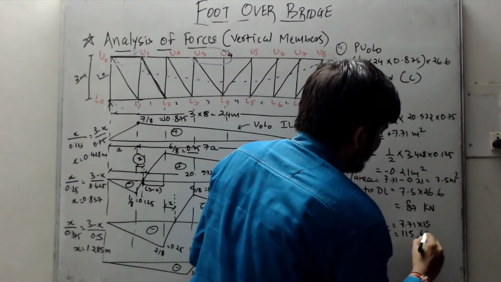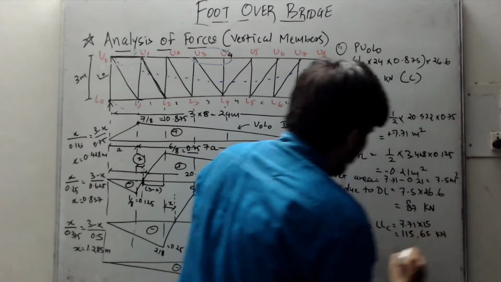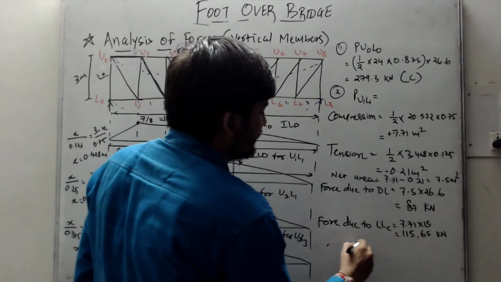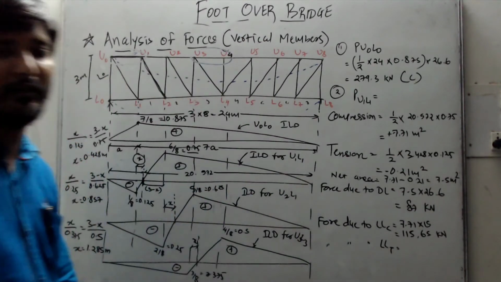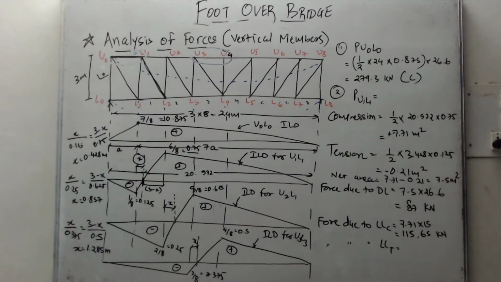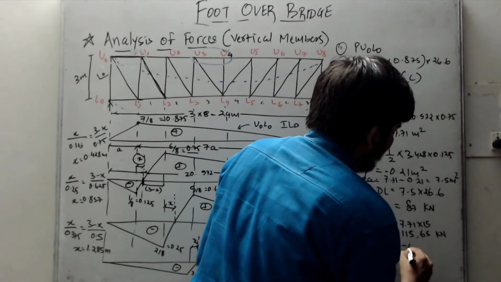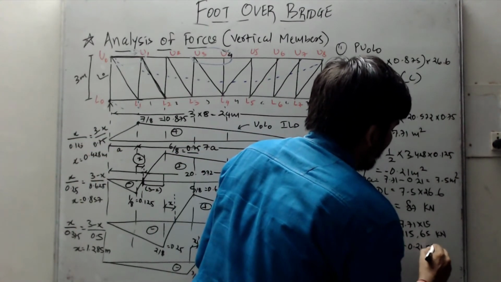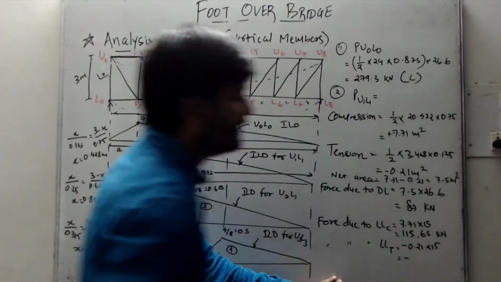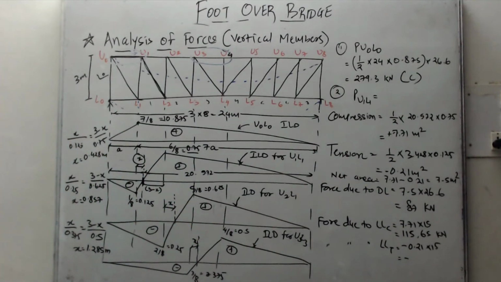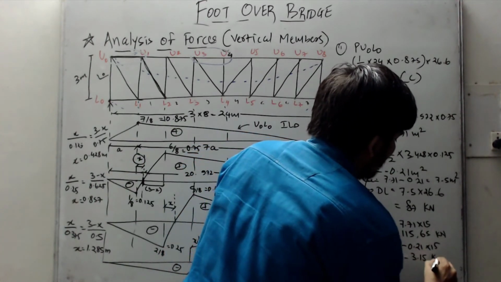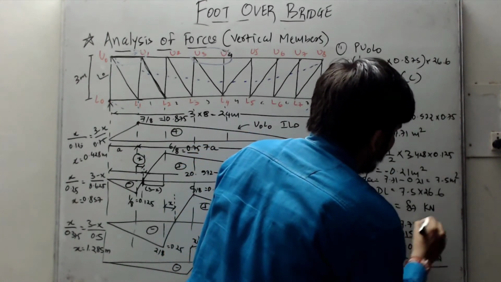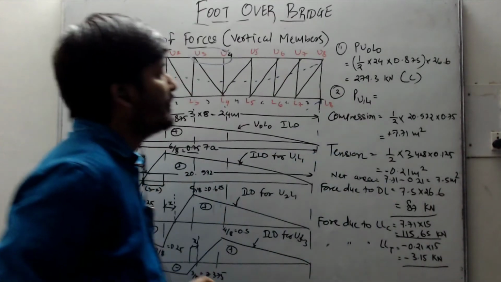And similarly force due to live load in tension. So it is minus 0.21 multiplied by 15. So this will be minus 3.15 kilonewton, right? So these are the forces that we are getting for PU0L1.